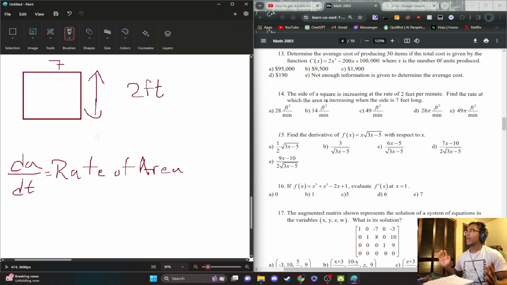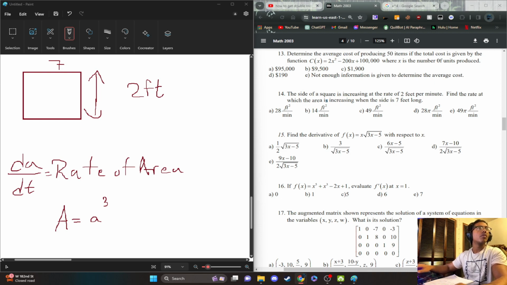Now for this one, you would have to have some prior knowledge. You would have to know the formula for the area of a square. So the area of a square is A equals a cubed. Let me just double check that before I get that wrong. Square area formula.